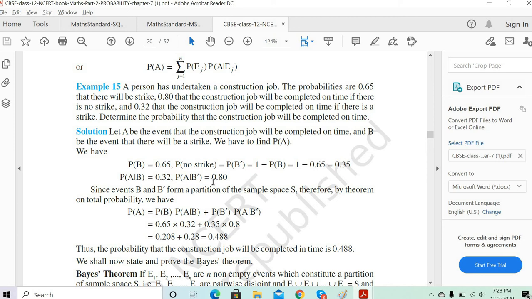So P of A into P of B given A, plus P of B into P of A given B. Now I just add.